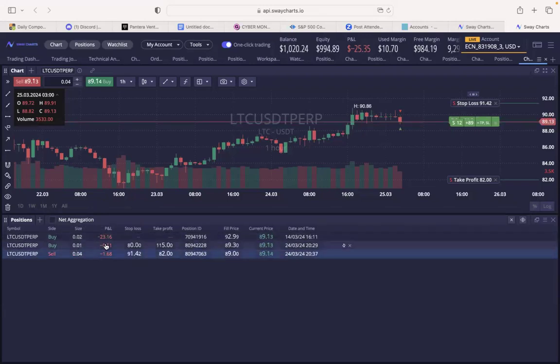Let's say the market goes in your favor and you're up $50. You can sell half of it, or you can close half of your position to take profit. Let's say you don't want to cash it all out at profit and get out.